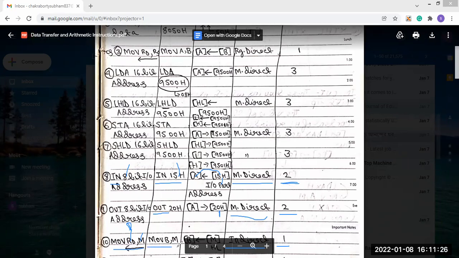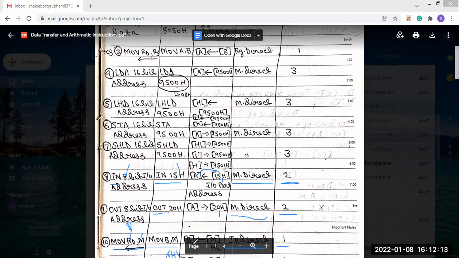And here it is MOV B, M. So the HL register pair is holding the address of the memory, and inside that memory location the operand is present.